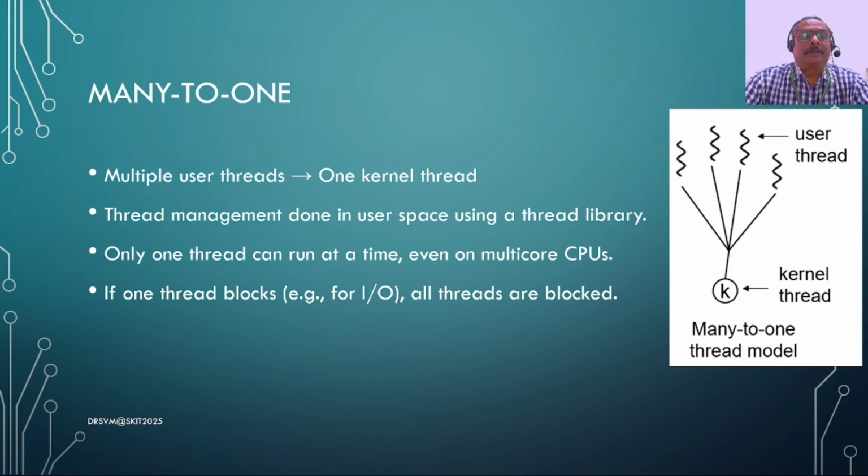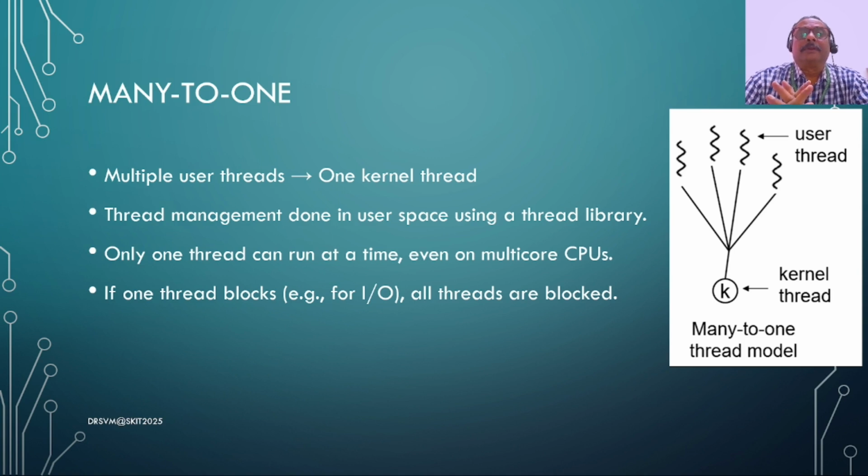And if by chance one user thread is currently connected to the kernel thread, and that user thread is blocked maybe for some IO operation or some other thing, then till that is completed, no user threads can be changed.